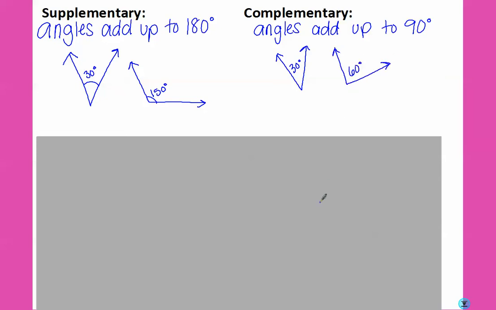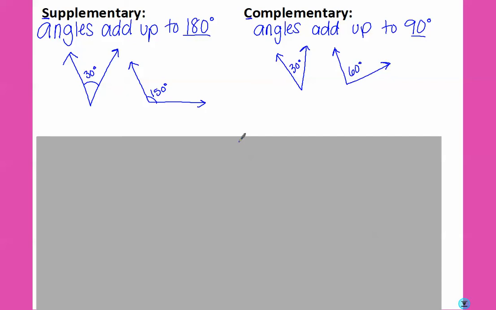Those angles would be complementary because they add up to 90. The way I like to remember it is C comes before S in the alphabet, and 90 comes before 180 when we're counting. So first in the alphabet is the smaller angle, second in the alphabet is the bigger angle.